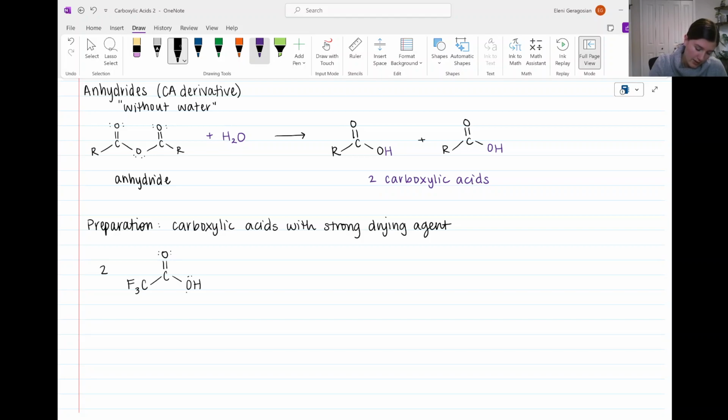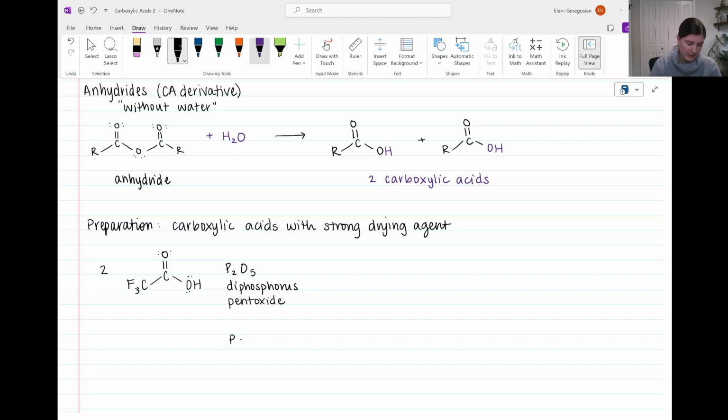If this is our carboxylic acid and we add a drying agent, here's one strong drying agent. This is diphosphorus pentoxide. This is a strong drying agent.